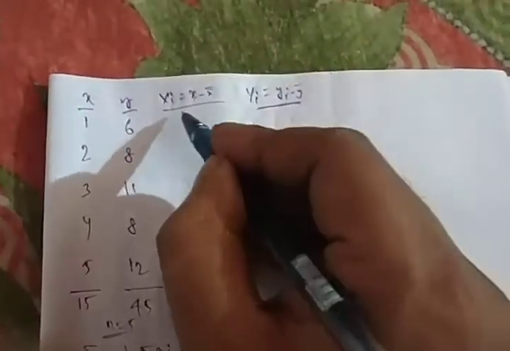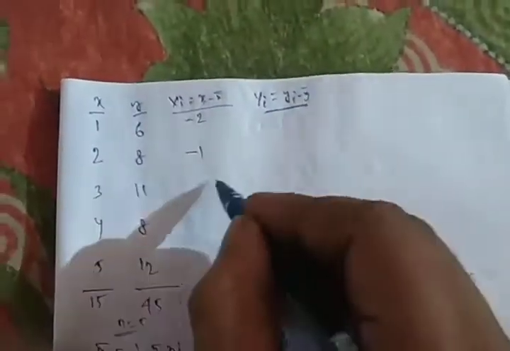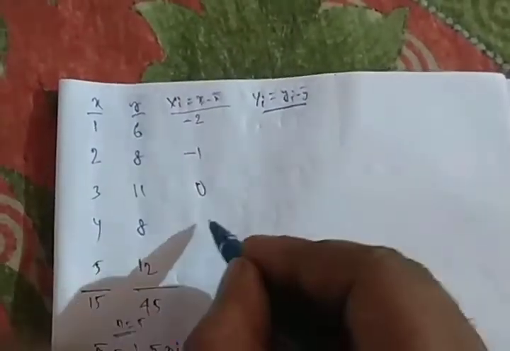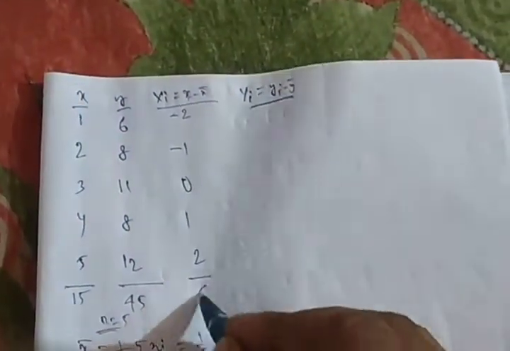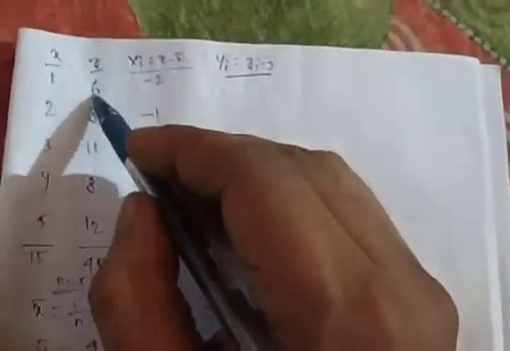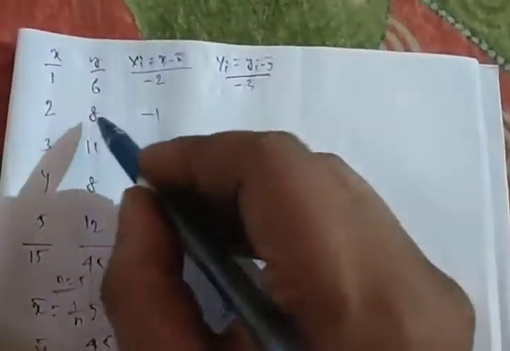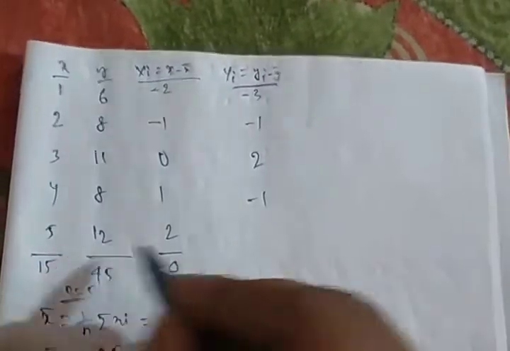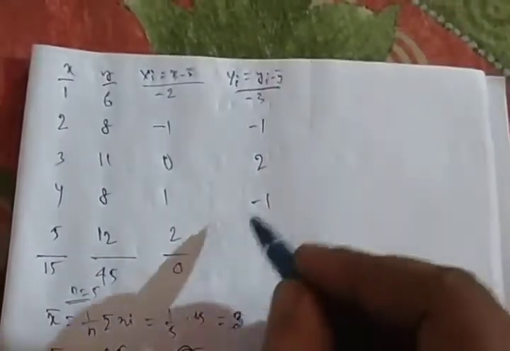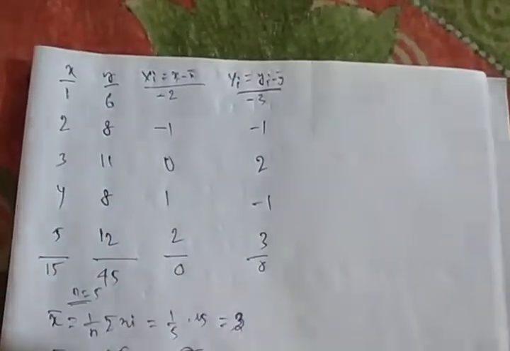So 1 minus 3 gives minus 2, 2 minus 3 gives minus 1, then 0, 1, 2. Summation Xi equals 0. For y: 6 minus 9 is minus 3, 8 minus 9 is minus 1, 11 minus 9 is 2, 8 minus 9 is minus 1, 12 minus 9 is 3. This also gives 0.